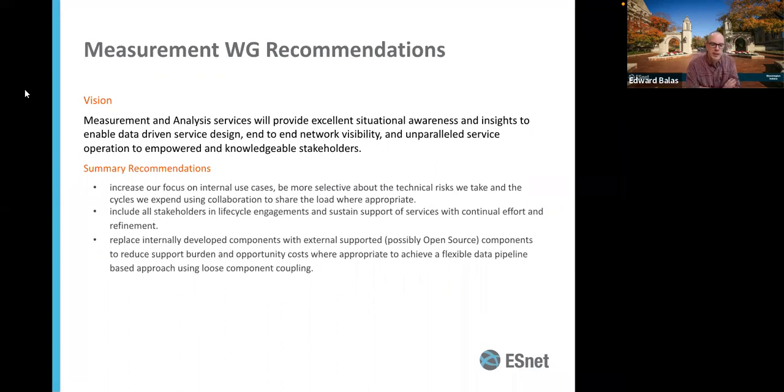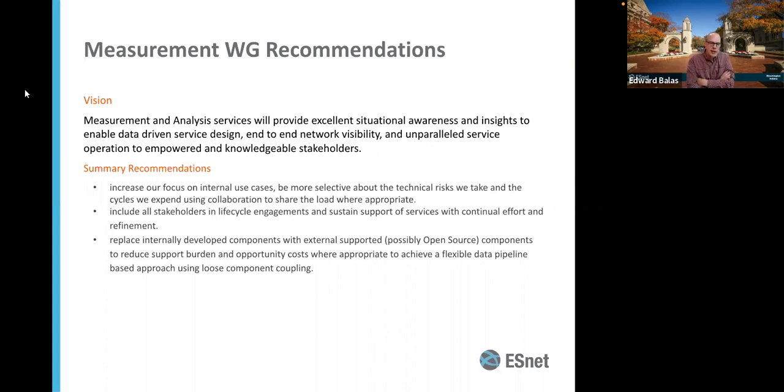It's grossly simplified here, but it basically comes down to knowing who your users are, empowering them with good data, and then allowing them to use that good data to do things like design better services or ensure those services are performing as designed, and basically supporting everything from operations up through architecture and the whole life cycle, right?